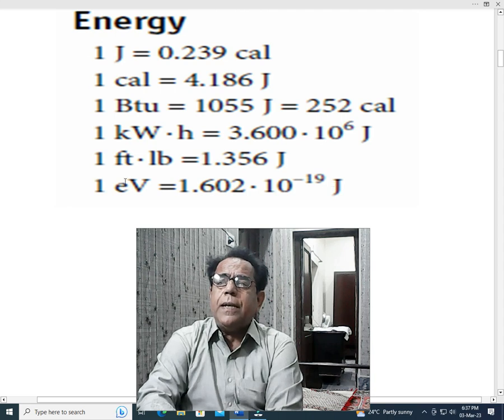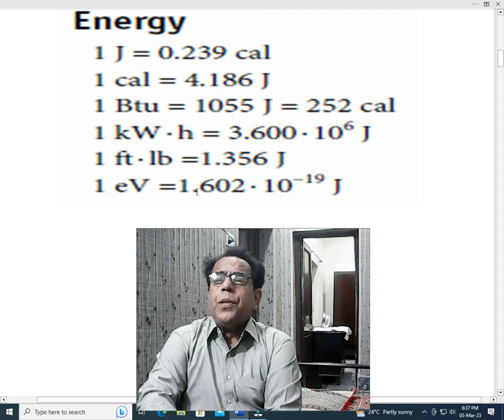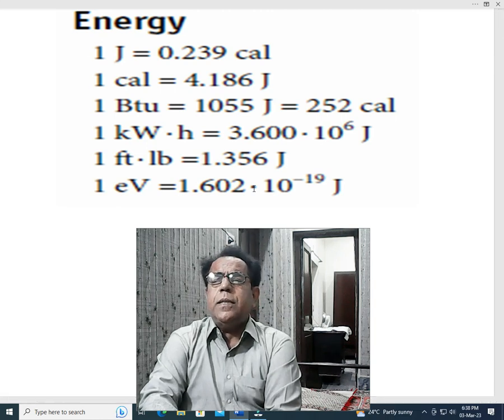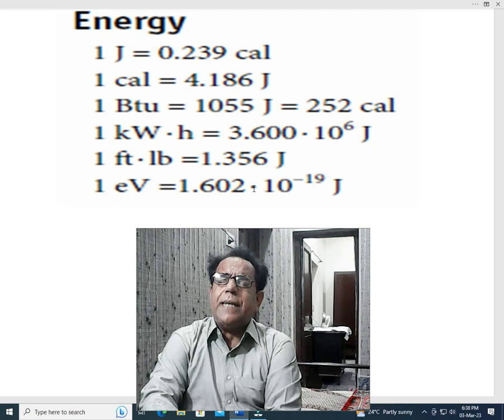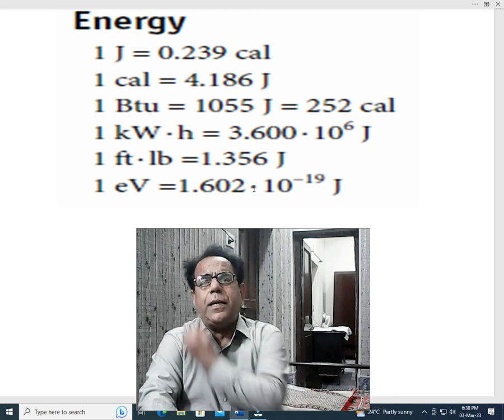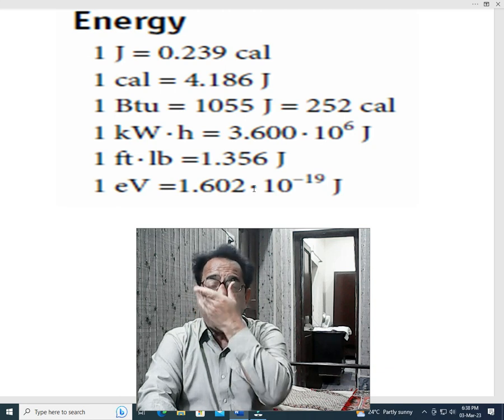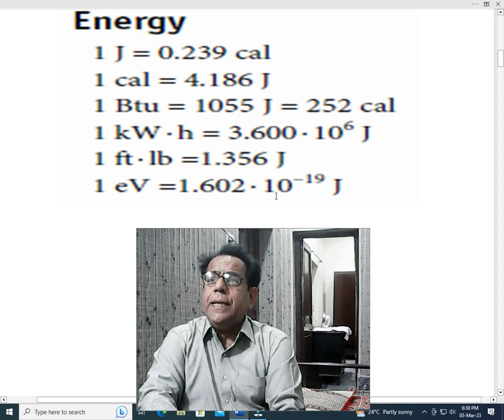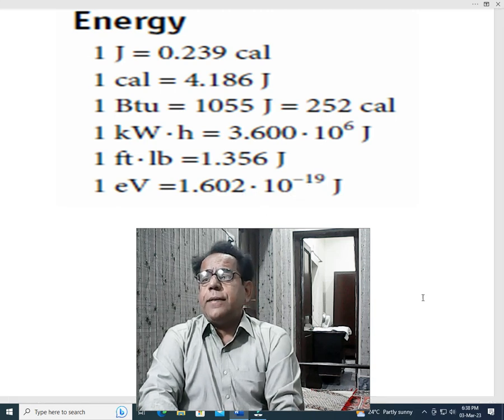1 electron volt is equal to 1.602 into, here dot is used in place of a sign of multiplication. I usually use cross sign or X sign for multiplication. However here dot is used. 1 electron volt is equal to 1.602 multiplied by 10 raised to the power minus 19 joule.